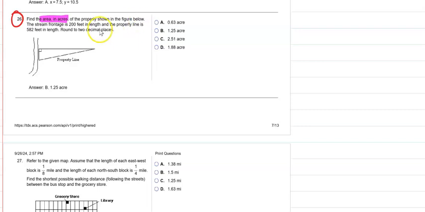The property shown is below. The stream frontage is 200 feet in length and the property line is 582 feet in length.